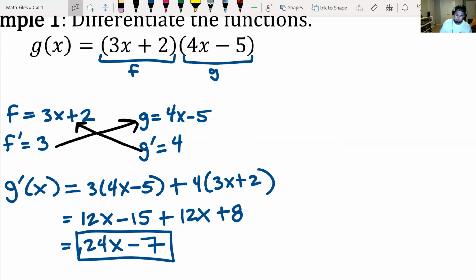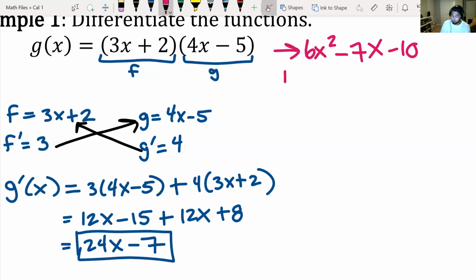Now, what's to stop you from FOILing this out and taking the derivative? Nothing. If you FOIL this out, you'll get 12x squared minus 15 plus 8 minus 7x minus 10. What is the derivative?